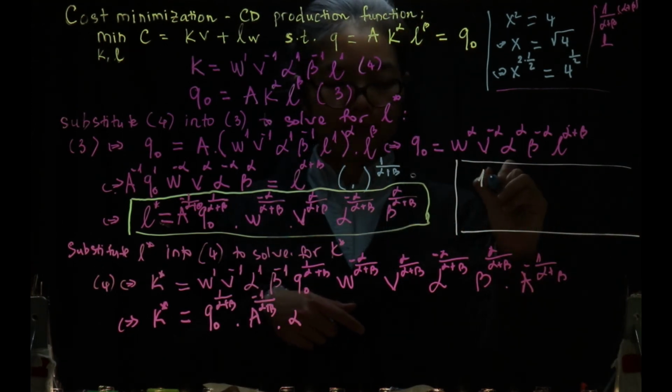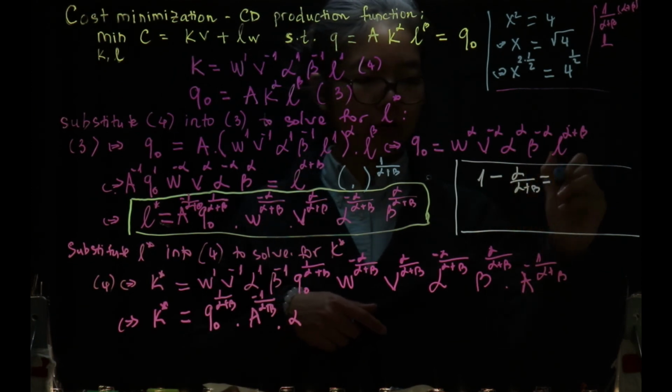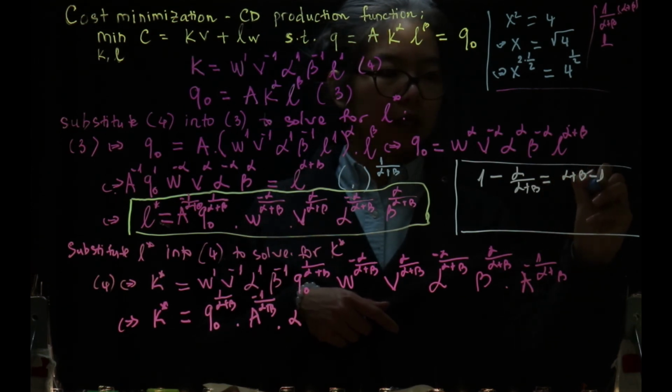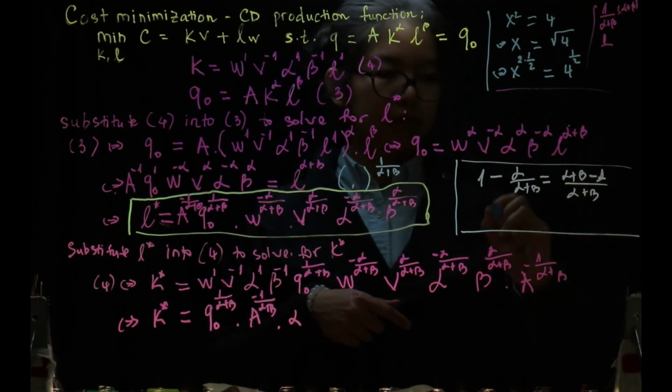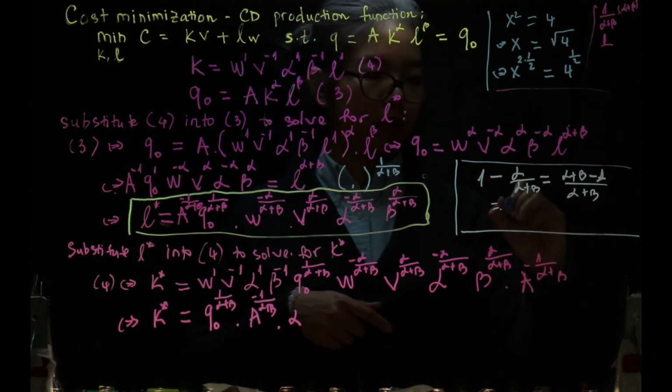So 1 minus alpha over alpha plus beta equals alpha plus beta minus alpha over alpha plus beta, right? Make everything like multiplied both by alpha plus beta.